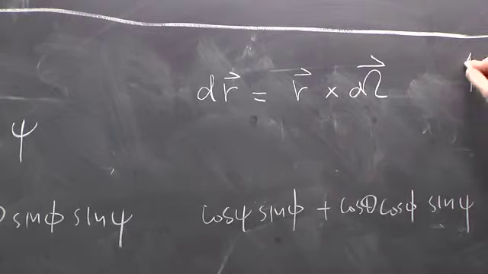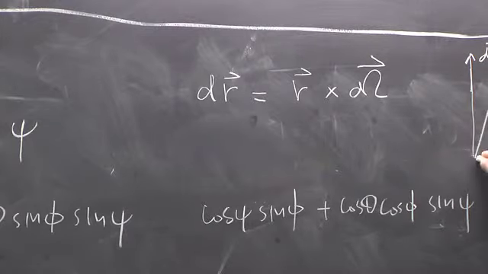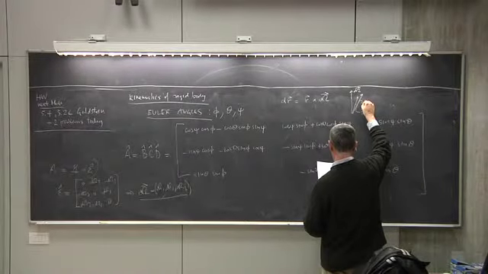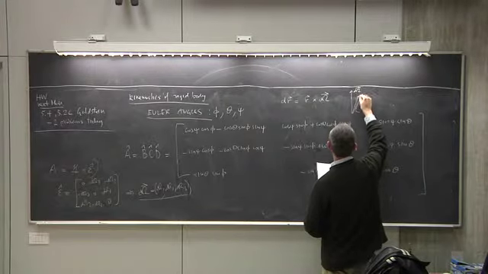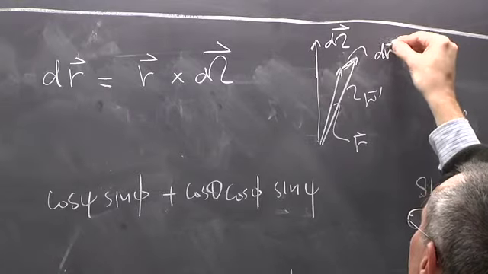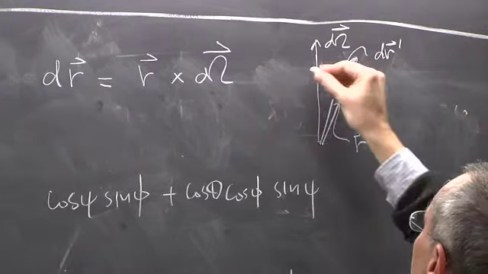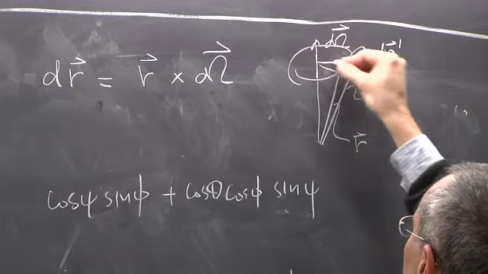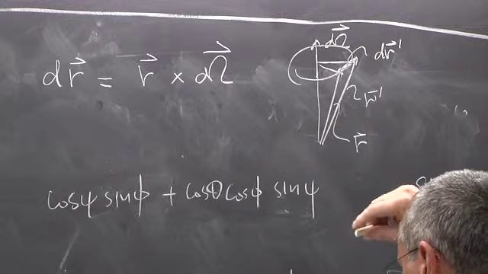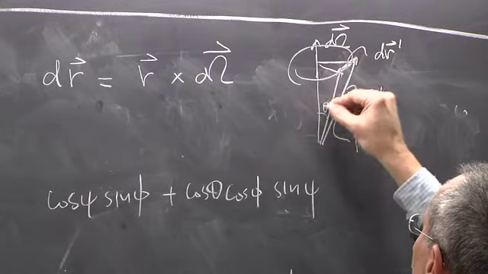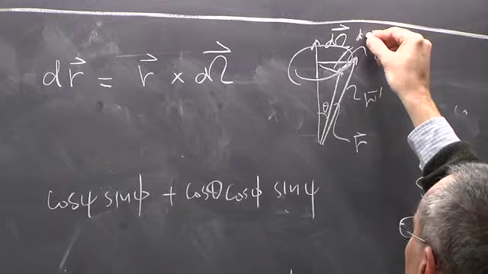The vector that describes the rotation points this way. Then if you have an infinitesimal rotation of your vector r, so this is r, and this is the new r prime, and this is the infinitesimal dr prime. So dr prime is defined this way, where this angle is theta, and this is d omega.